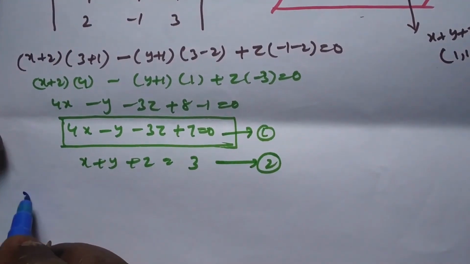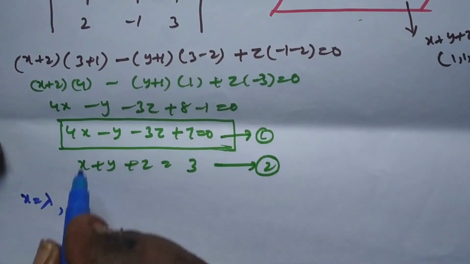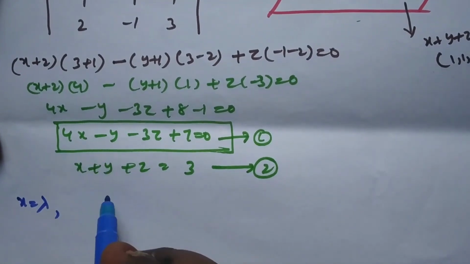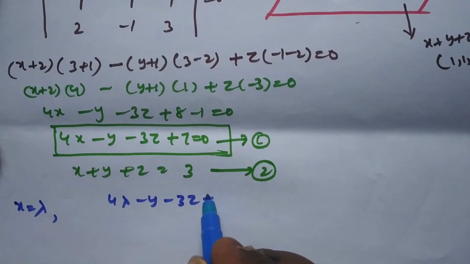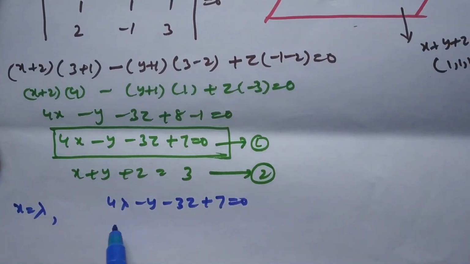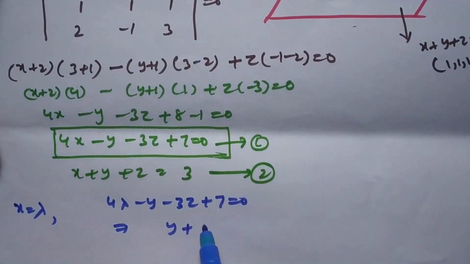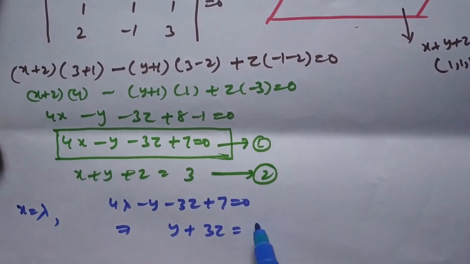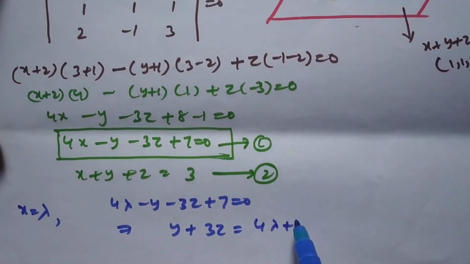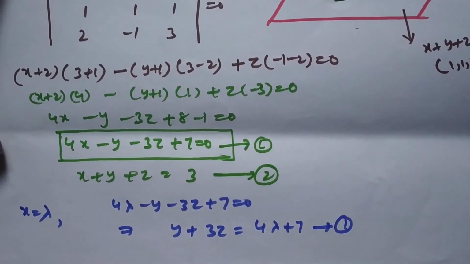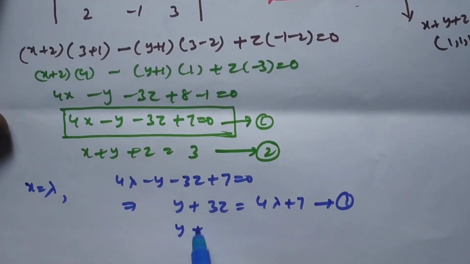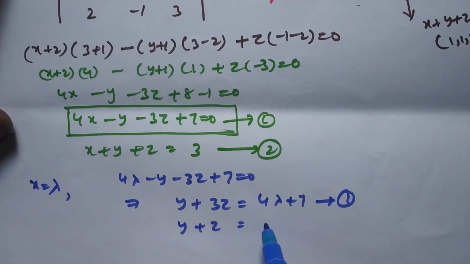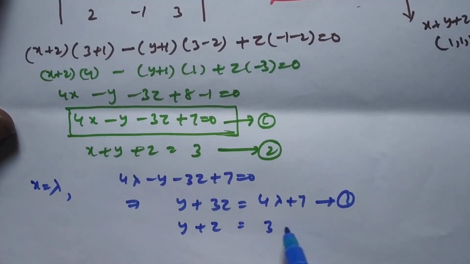Put x equals lambda. Then what happened? 4 lambda minus y minus 3z plus 7 equal to 0 implies y plus 3z is equal to 4 lambda plus 7. This is equation number 1. And the second equation becomes what? y plus z is equal to 3 minus lambda.